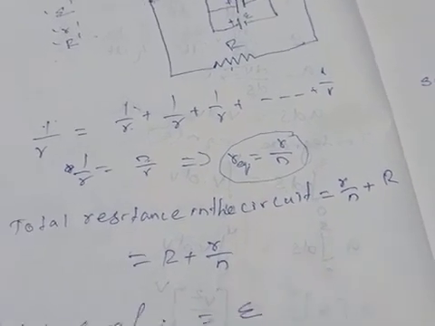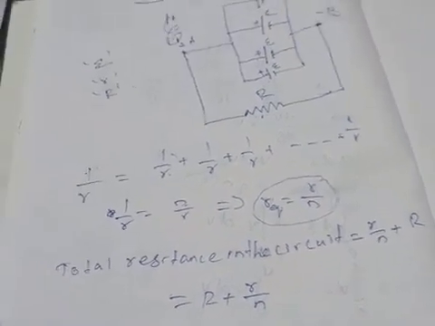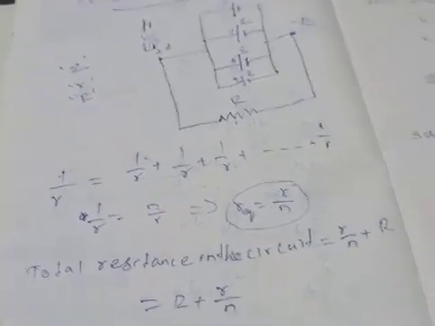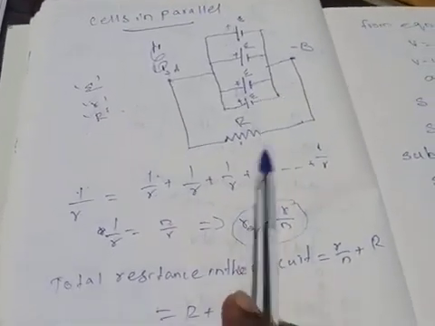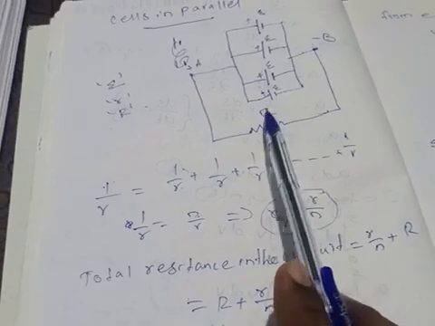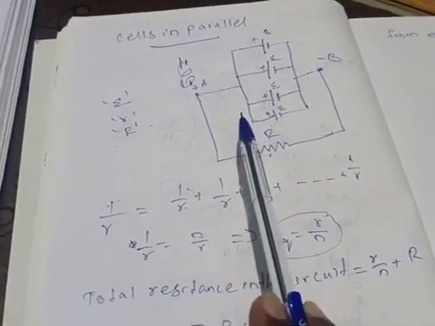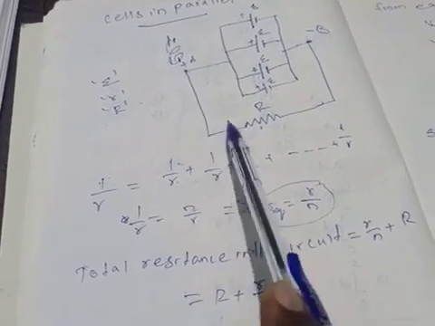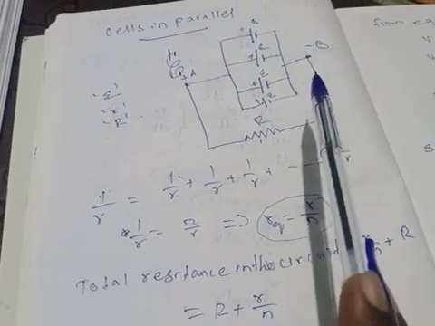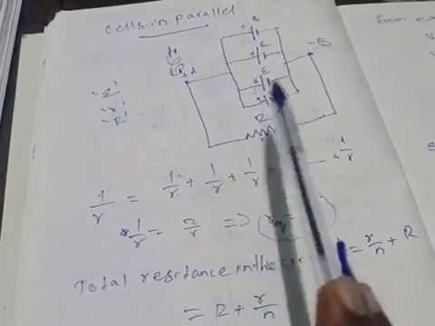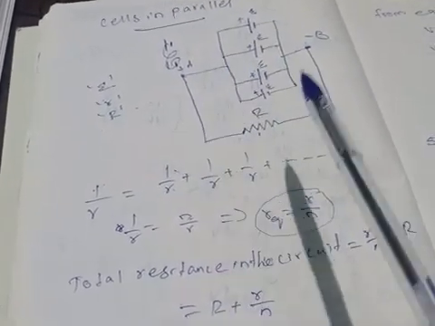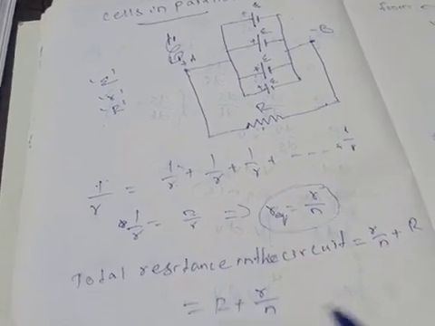Epsilon. Actually, you have to know one thing. In a parallel connection, the voltage will be the same at all the points, and in a series connection, the current will be the same at all the points. You remember this.